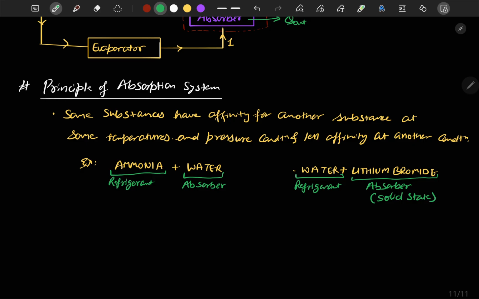There are many more examples like ammonia lithium nitrate, ammonia calcium chloride, or water lithium chloride, but we will stick to these two only.